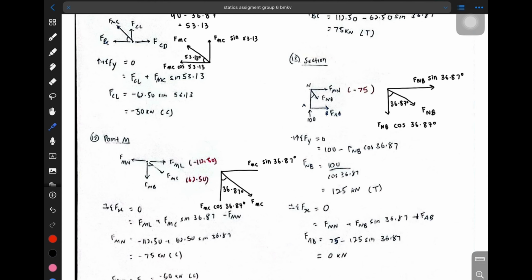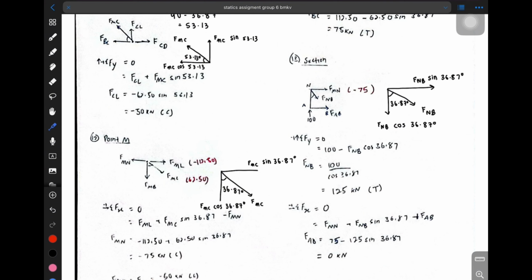For the last step, we can find the Fy equal to 0 and Fx equal to 0 for this rigid body. So we find the Fy equal to 0. So we assume up is positive. For this rigid body, we can see that we have 100 and it is up, so it is positive, and we have FAB cos 36.87, so it is negative because it is downward.